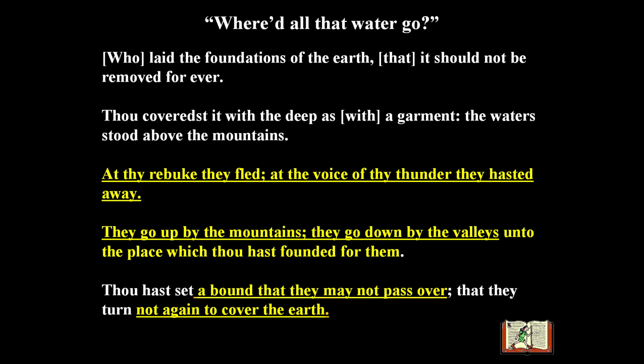Here we go. At thy rebuke they fled; at the voice of thy thunder they hasted away. They go up by the mountains, they go down by the valleys, unto the place which thou hast founded for them. Thou hast set a bound that they may not pass over, that they turn not again to cover the earth.